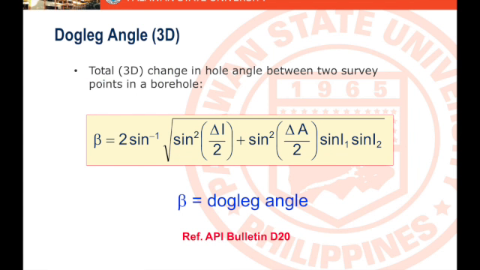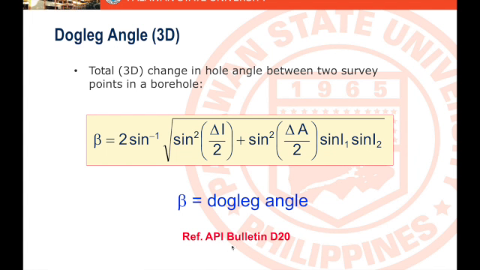So this is the total dogleg angle, the total change in hole angle between two survey points involving changes in inclination and azimuth. This beta angle, or dogleg angle, is equal to twice the arc sine of the square root of sine squared of the change in inclination over 2, plus sine squared of the change in azimuth over 2 times sine I1 and sine I2.